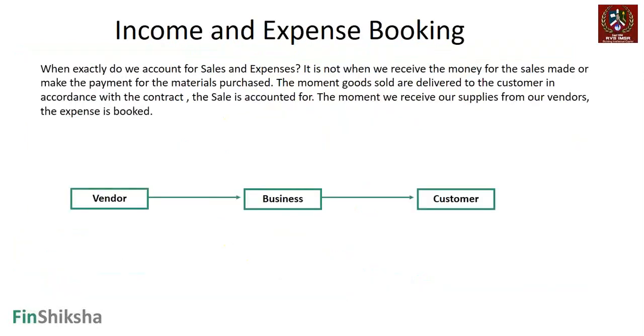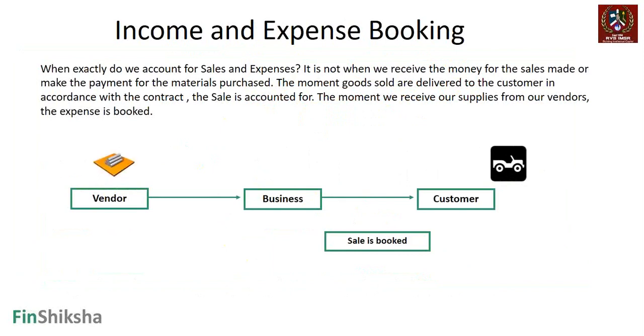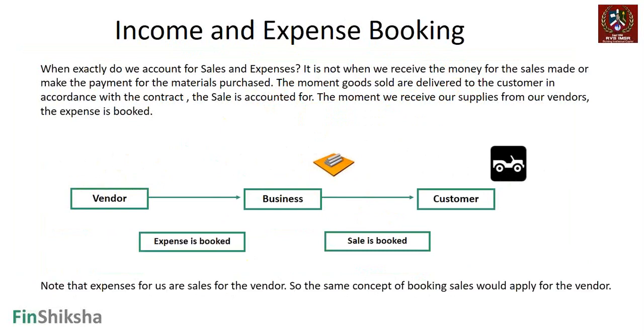Let's move ahead and try and understand this concept of income and expense booking. So when exactly do you account for the sales, right? If the business sells a particular item to the customer, that's when the sale is booked. When the vendor sells something to the business, that's when the expense is booked, right? So essentially, the booking of revenue or expense has got nothing to do with when the money is received.